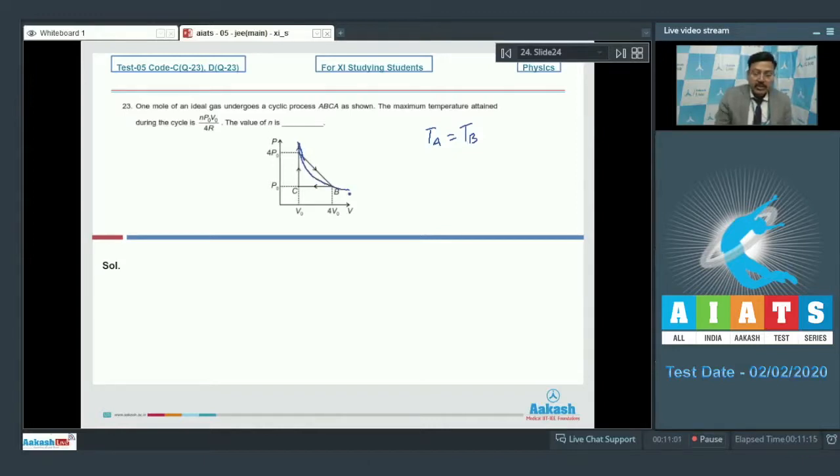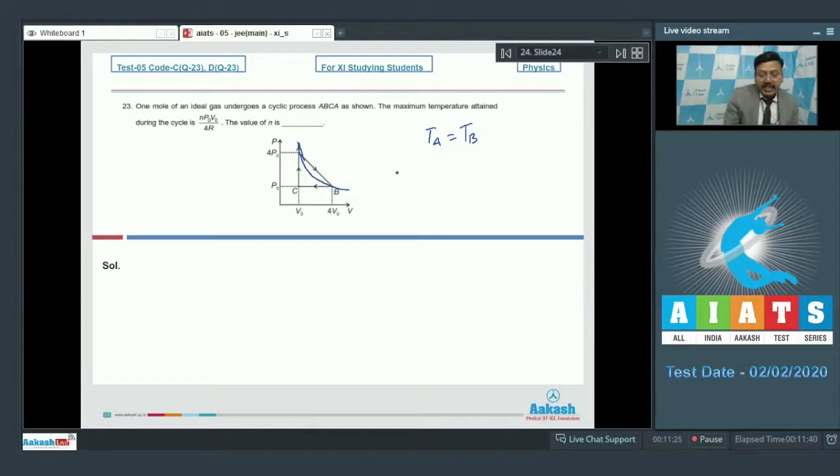The isotherm through these 2 points should look like this, which means that the temperature at other points on the line segment AB, other than A and B, is going to be more than the temperature at A and B. So to find the maximum temperature, let's write the equation of the straight line AB.